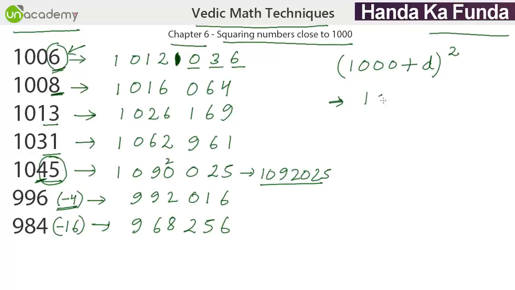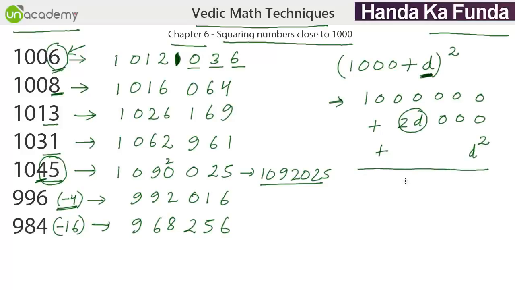A square, if a is 1000, a square will be 1 followed by 6 zeros. 2ab will be 2 into d into 1000, or 2d as a number followed by 3 zeros. And then we just need to add b square, which in this case is d square.